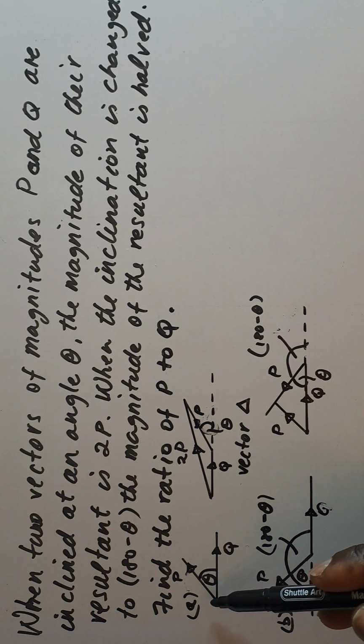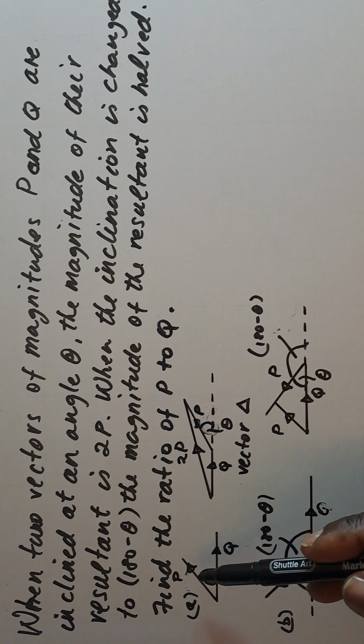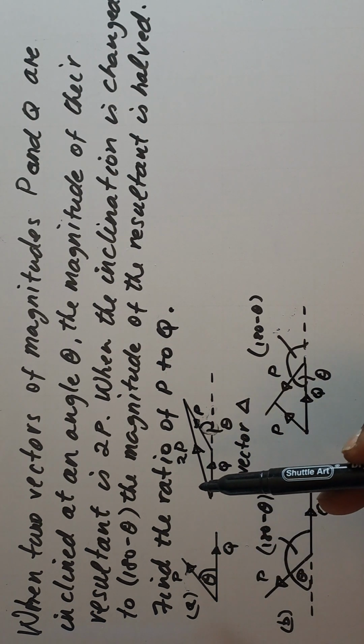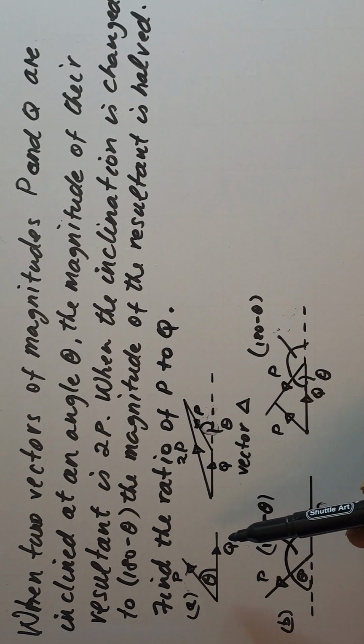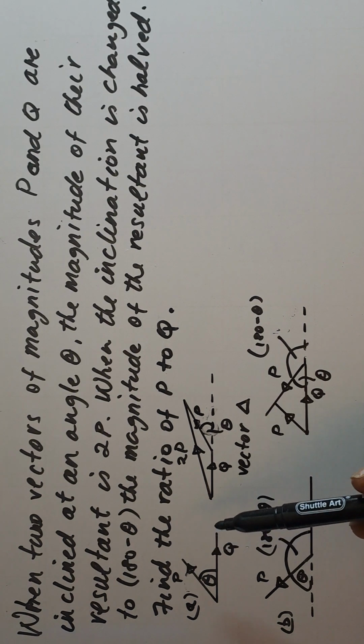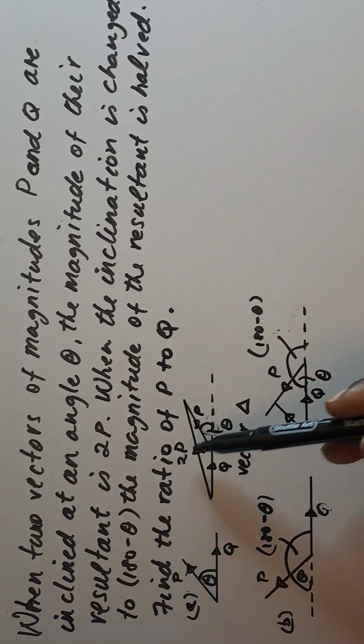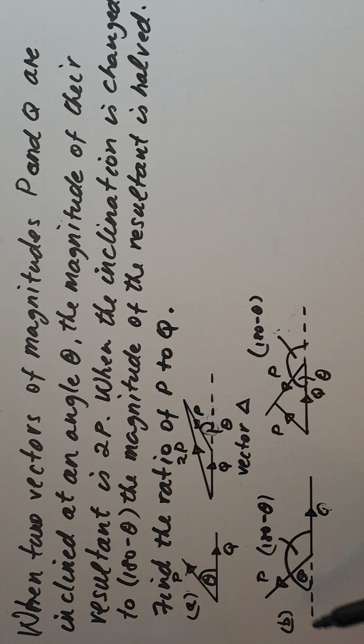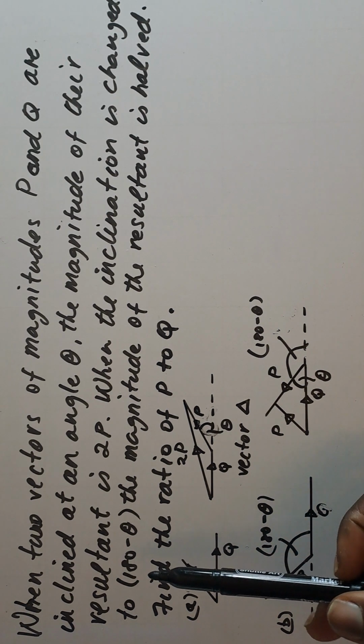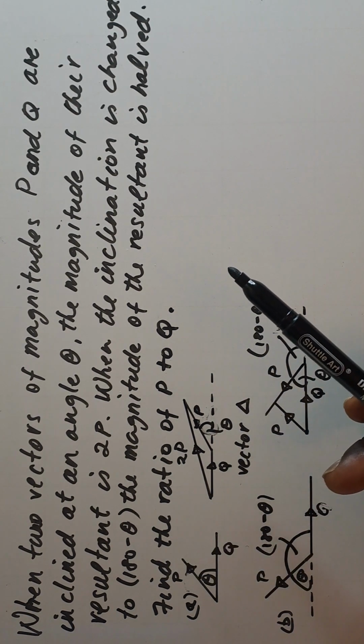Here I've illustrated the scenario for p and q with a magnitude of the resultant being 2p. That's diagram A. And B is for the inclination being changed to 180 degrees minus theta, and also the magnitude being halved.